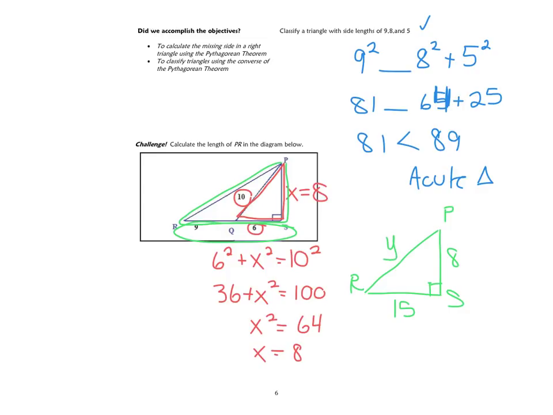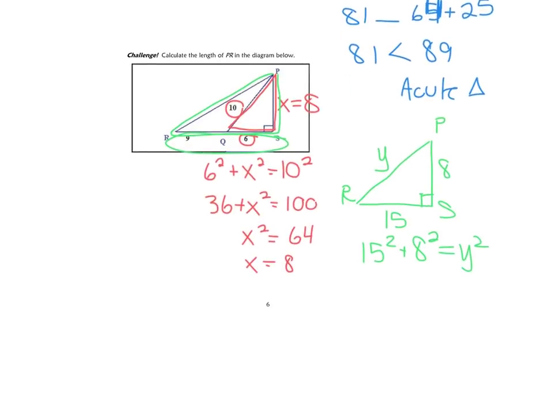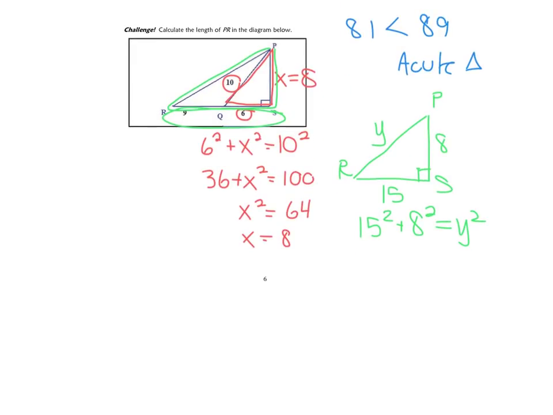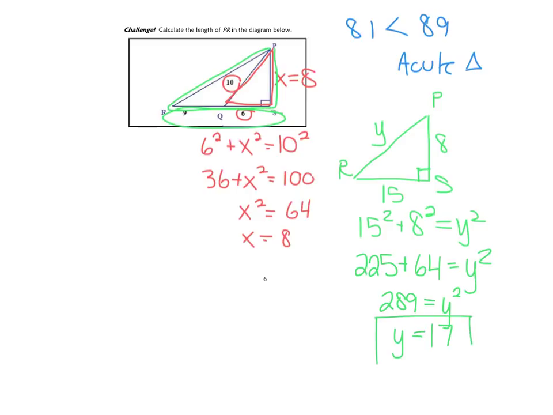So let's call this y. 15 squared plus 8 squared equals y squared. 15 squared is 225, plus 64 equals y squared. I get 289 equals y squared. Take the square root of both sides, and you get that y is equal to plus or minus 17, but because we are talking about lengths of triangles, we don't have negative lengths, because the triangle would not exist.